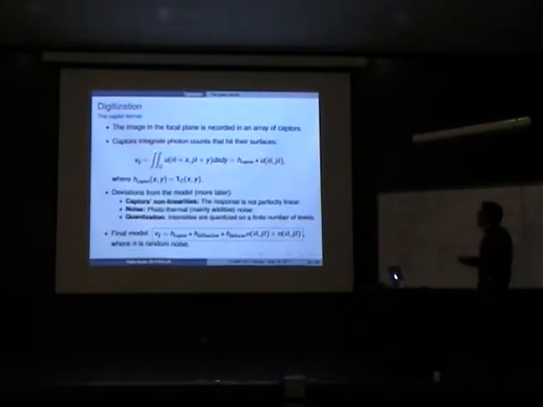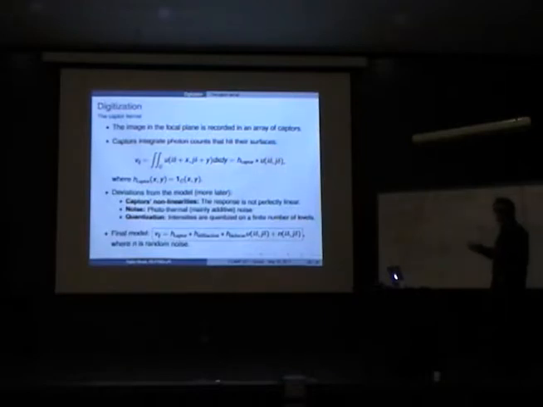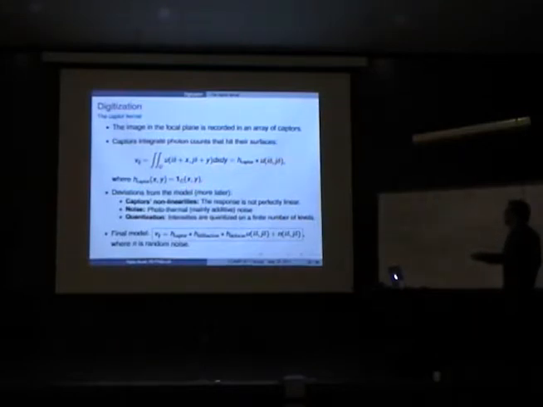So basically, this is an integration of photon counts that hit the surface of each of the captors in the array. So this can also be seen as a convolution with a support, with an indicator function of the captor, usually a square.